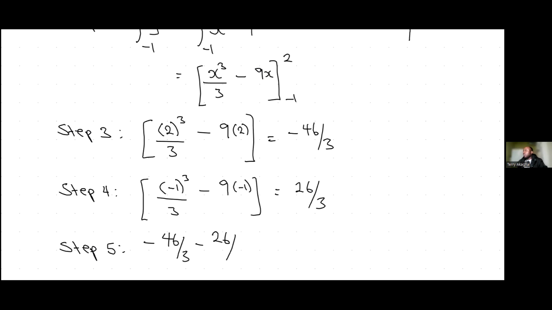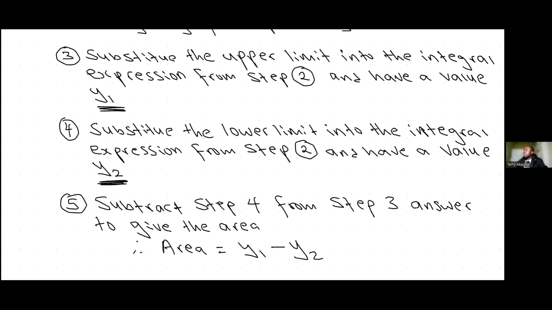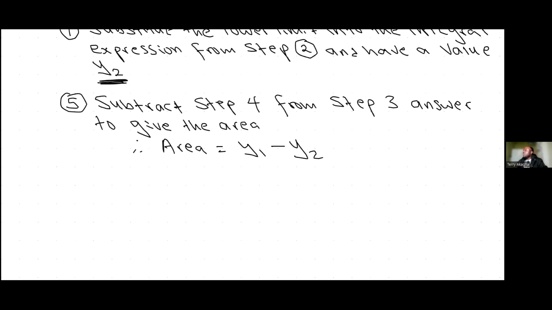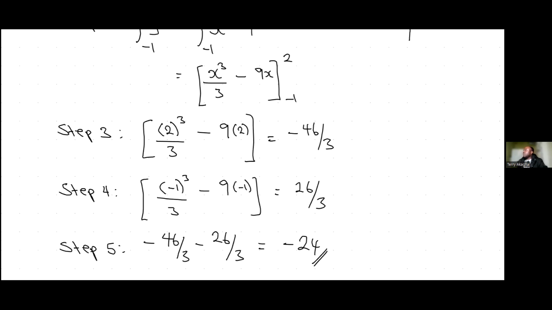When you solve this, it is going to give you minus 24. But remember I told you that the area in step 1 must be positive, so you ignore the negative sign. Instead of minus 24, the area is going to be 24 units squared.